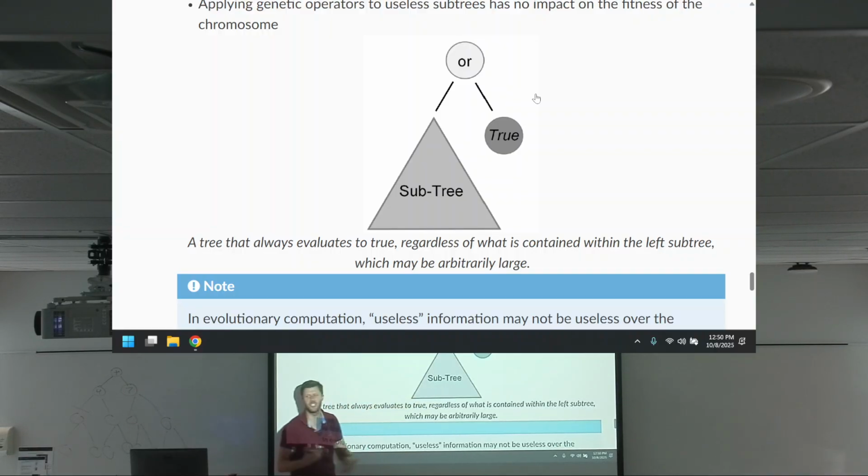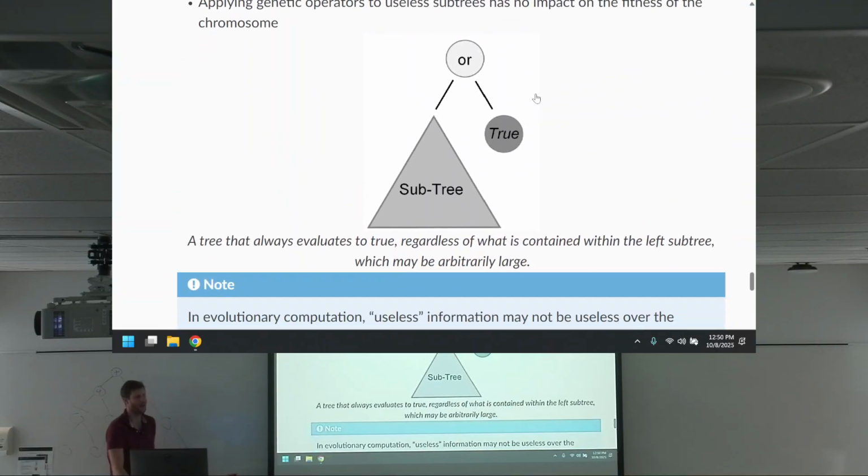You get vestigial S expressions, effectively. But if they're put in here, they can be preserved. And then maybe they come back later because we cross over it back into something useful. So when I say useless, I should be careful because it's not necessarily useless. It could actually be value.